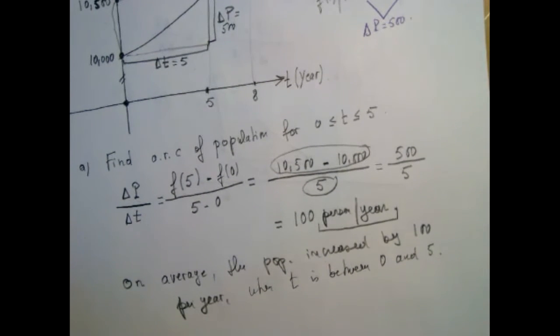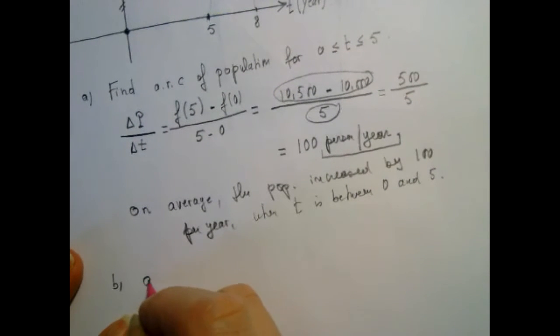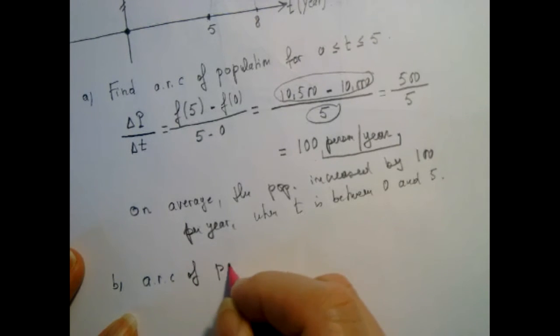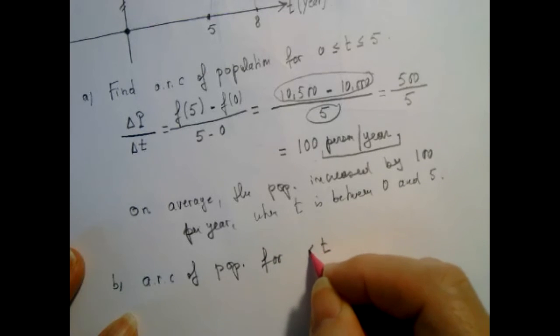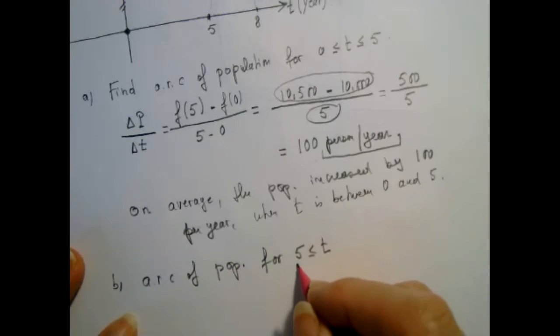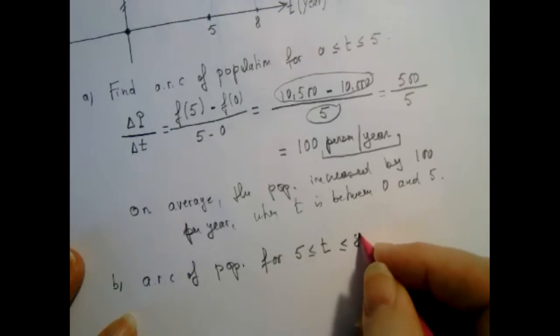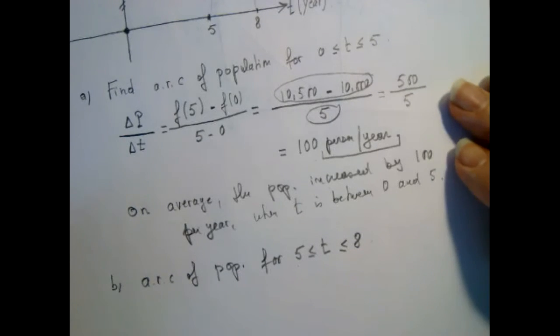All right, B. Let us find the average rate of change of the population between the years 2005, which is t equal to 5, and 2008, which is t equal to 8. On average, how fast was the population changing between those two times?